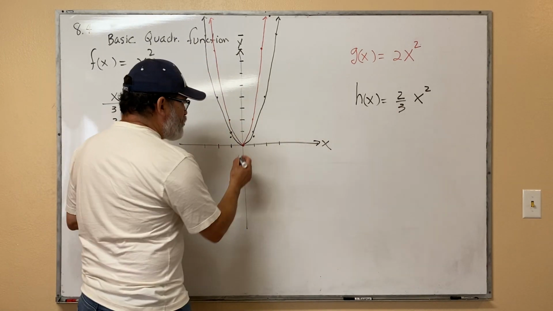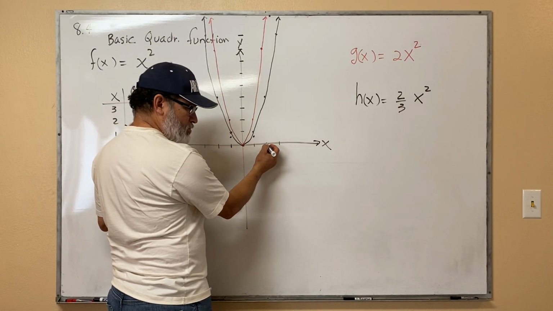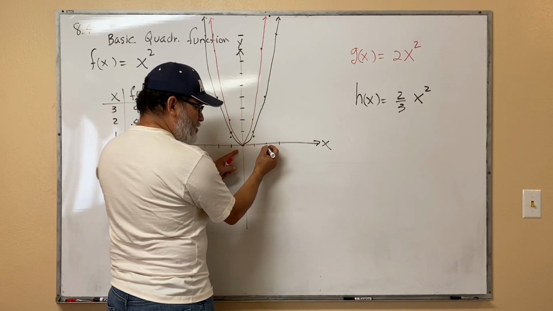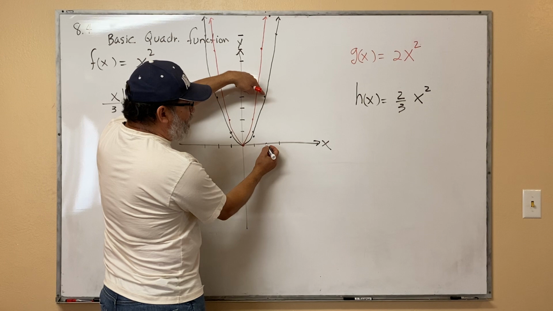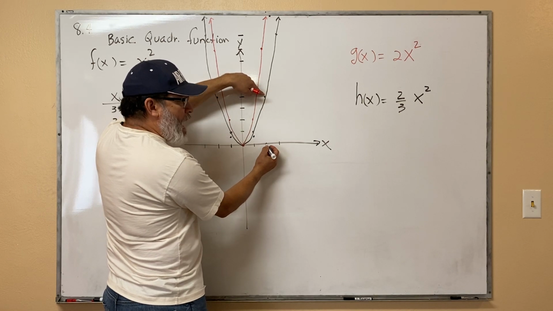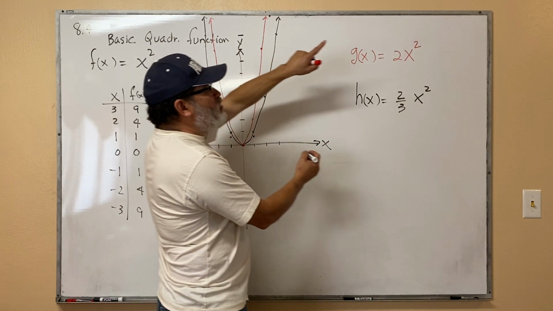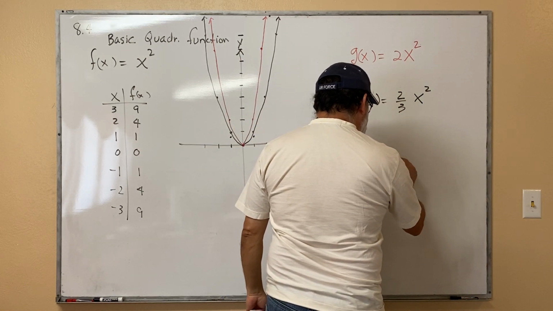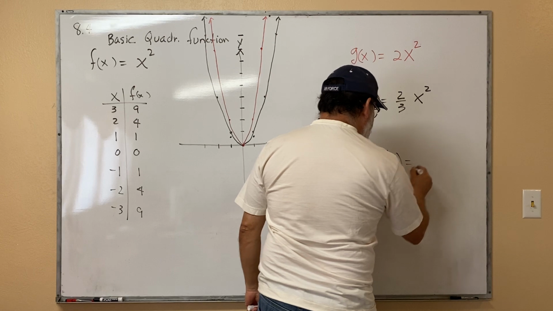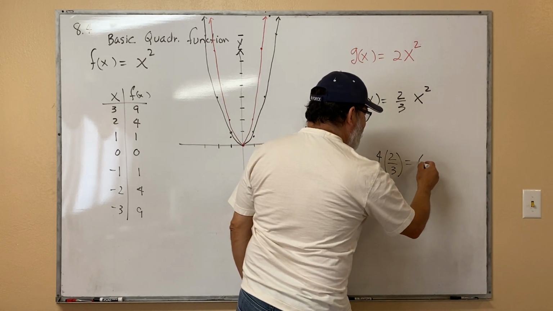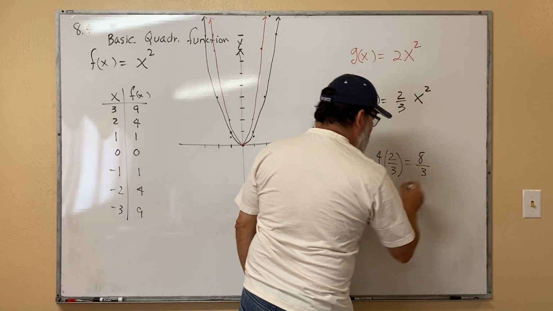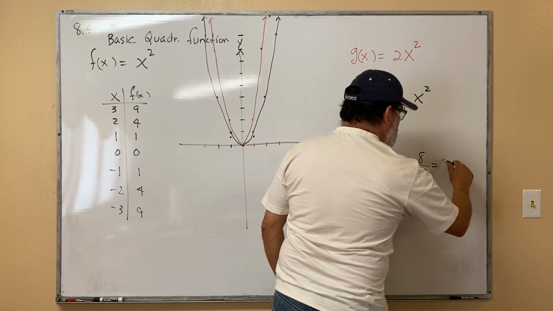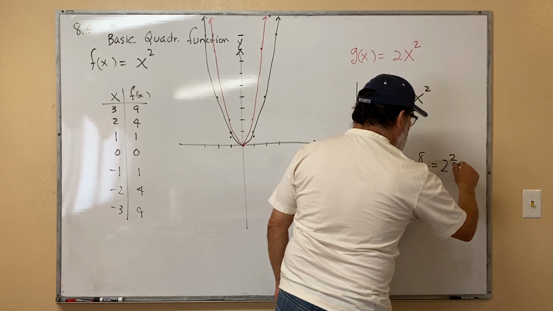Do it again. Twice to your right. The basic parabola is 4 up. Now you're going to take that 4 and multiply times 2/3. What's 4 times 2/3? That equals 8/3, which equals 2 and 2/3.